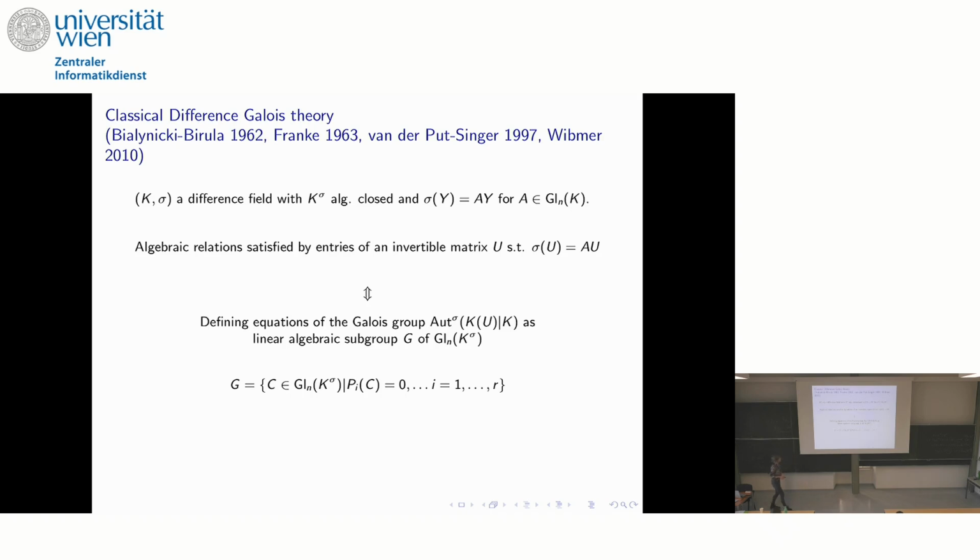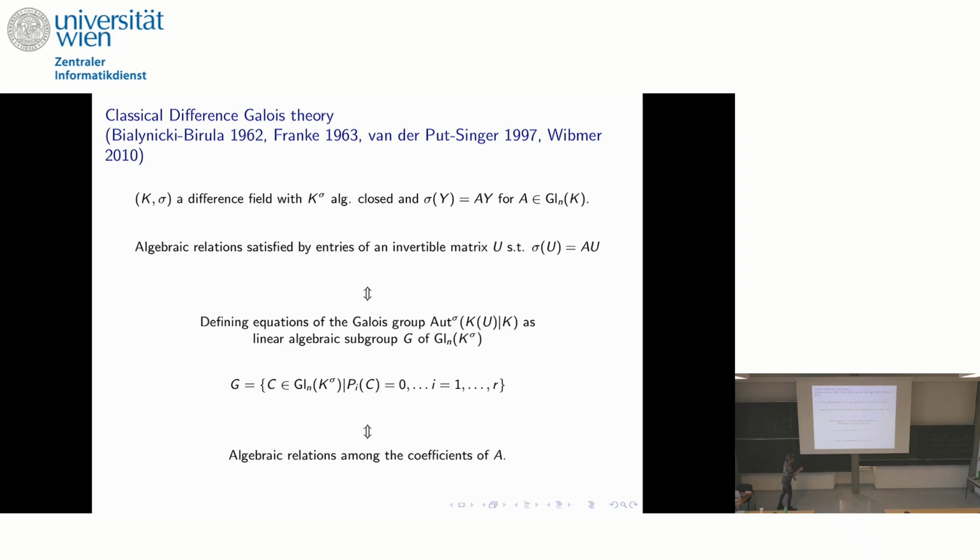Okay? But you know there are three steps in classical Galois theory. You code the algebraic relations satisfied by roots of a polynomial in the equations of your Galois group. But these defining equations of your Galois group have an impact on the relations of the coefficients of your equation.